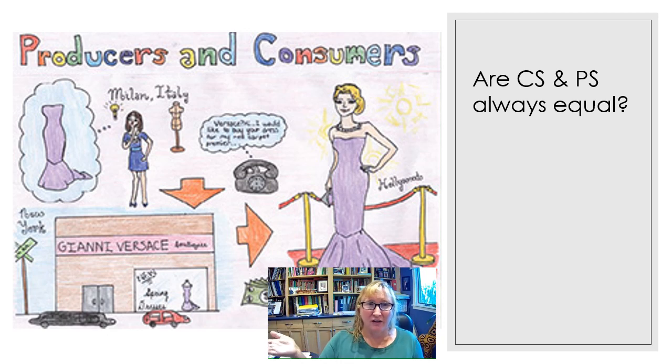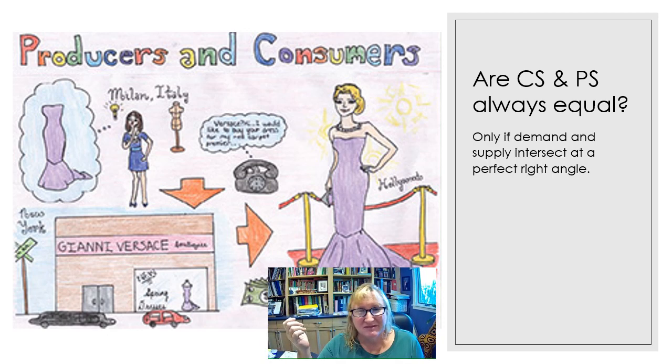Now, are consumer surplus and producer surplus always equal? No. They only are if you live in academia and your graphs are created so they're almost always 90 degrees. And that's, frankly, what I like demand and supply to look like. So in many of my pictures, it looks like demand and supply are perfectly equal, but a lot of times they're not.